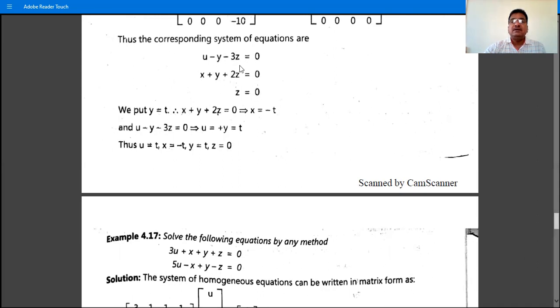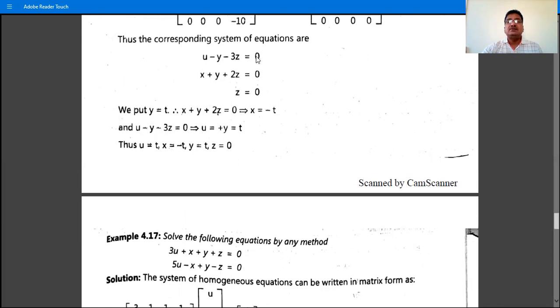We have 3 equations and 4 unknowns, so the difference is 4 minus 3, that is 1. So we assign one unknown. If we have 2 equations and 4 variables, then the difference is 2, so assign 2 unknowns. If I have 1 equation and 4 variables, then the difference is 3, and therefore we assign 4 minus 1, that is 3 variables.